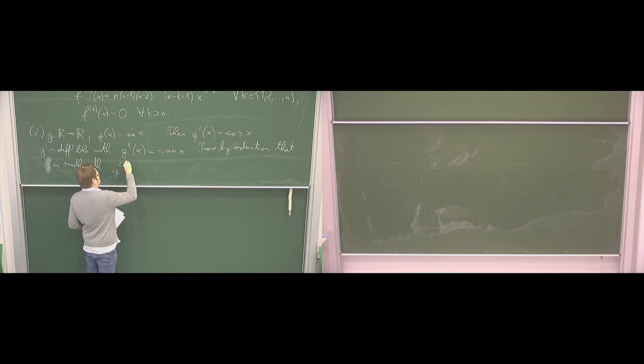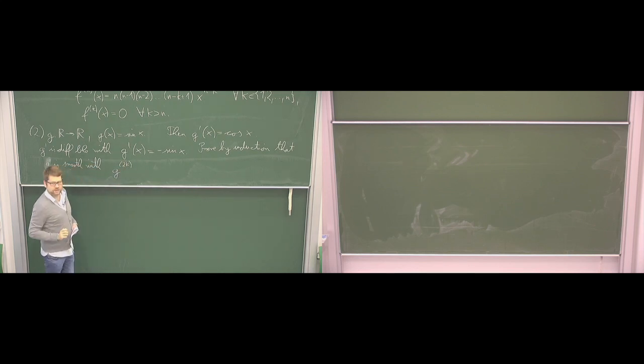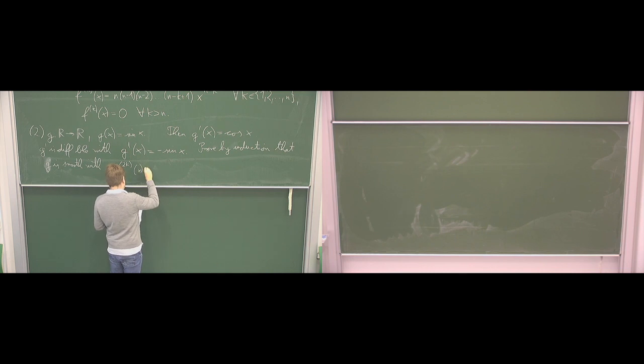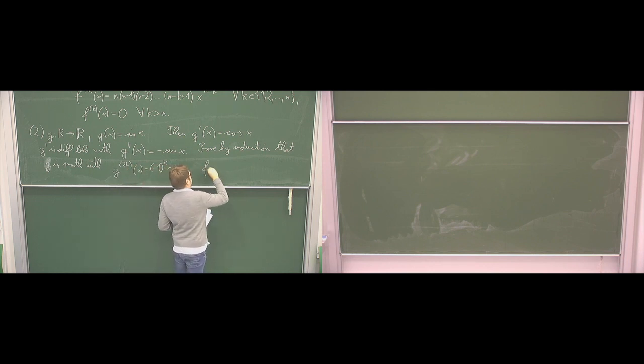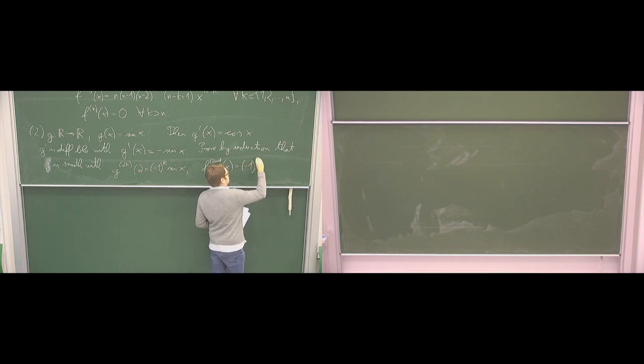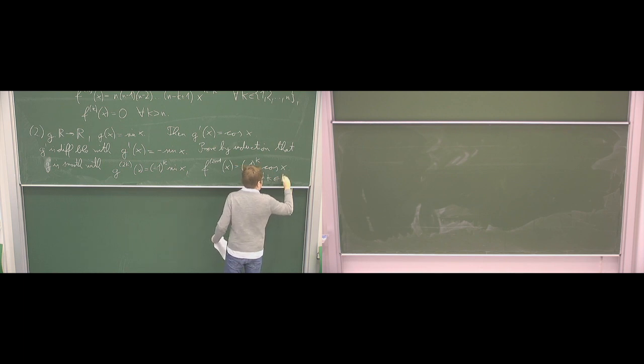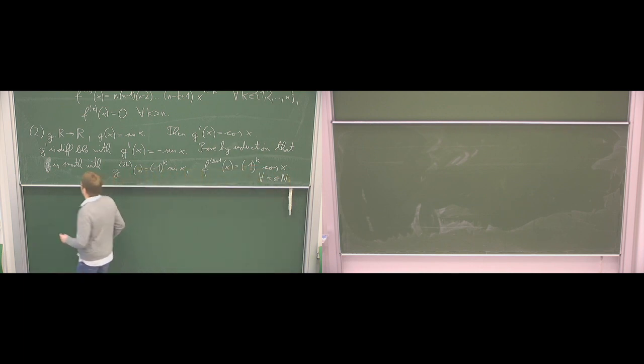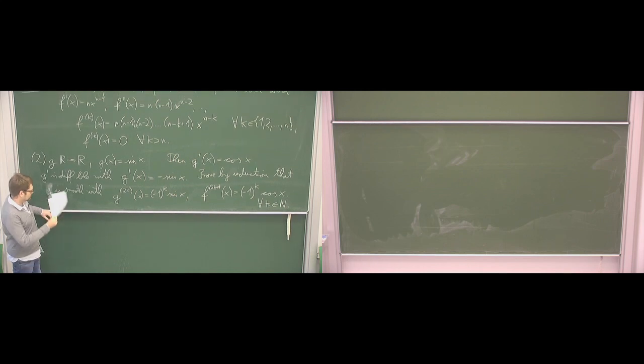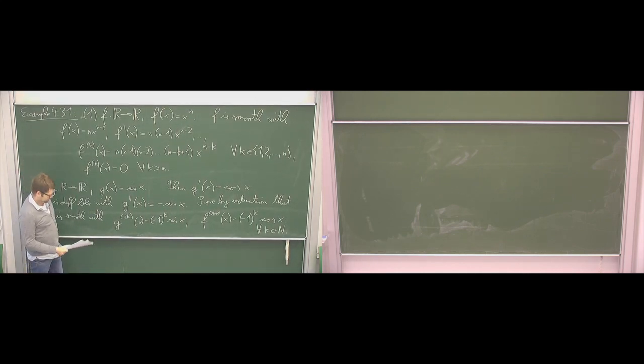The even derivatives, the 2kth derivative of g at x, is minus 1 to the k times sine x, while the 2k plus first derivative is minus 1 to the power of k times the cosine of x, for all k in N. So this is an example of a function where all derivatives exist and none of them is vanishing.